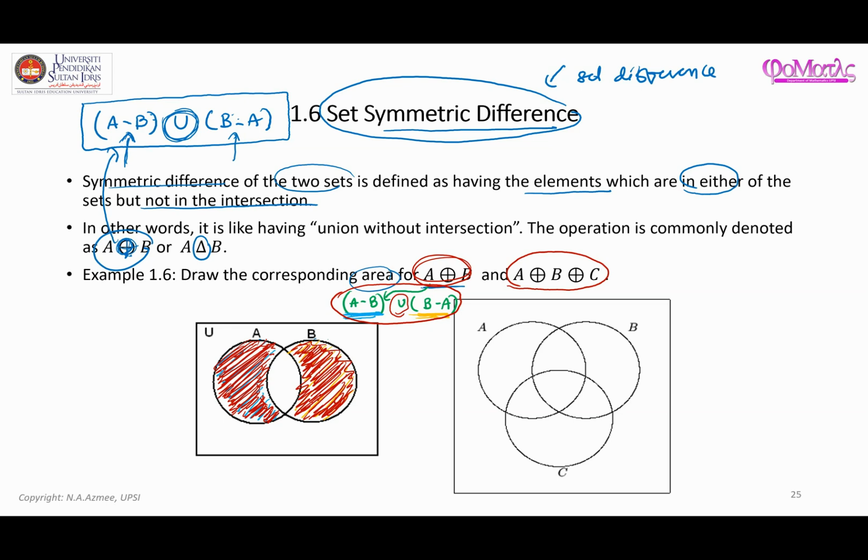This is the moment where you can pause the video and try to do it on your own, and once you have managed to draw the area, you can start playing the video again to see whether the area you got is similar to what I'm going to give you.